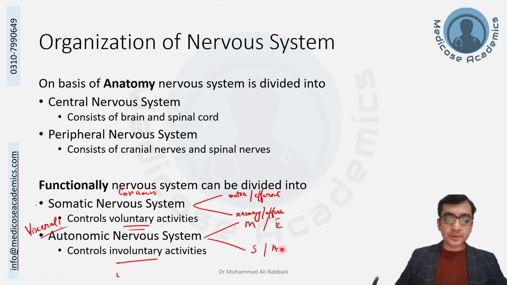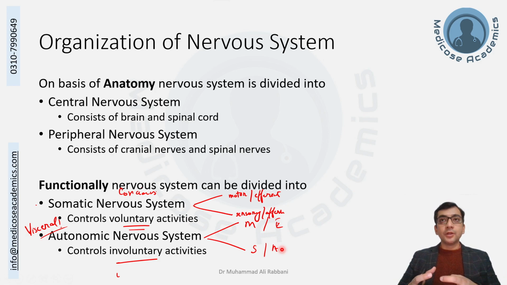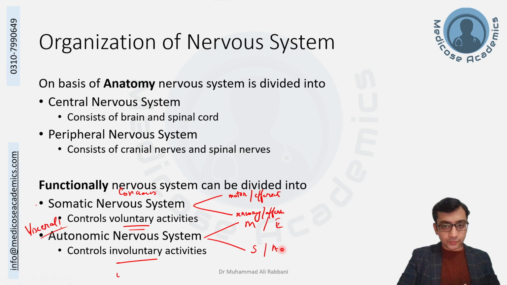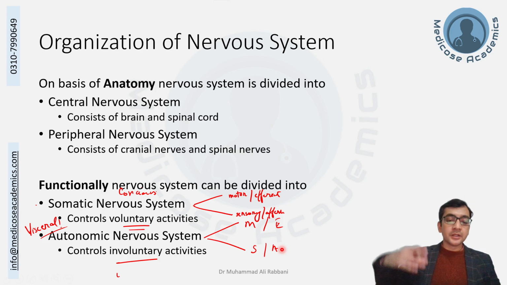Similarly, a lot of the sensations coming from the viscera back to the nervous system do not reach your conscious mind. For example, you don't know when your blood pressure rises a little and your heart responds by changing the force of contraction. We don't perceive it consciously until and unless they go beyond a certain limit.